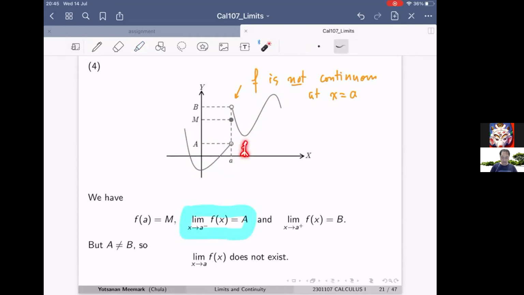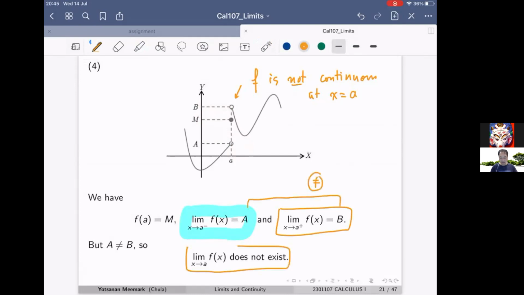How about the right hand side? From here it is going up, bigger and bigger. However, it will approach this B, so the limit as x goes to a from the right equals that capital B. However, A and B are not the same, so this limit, as x approaches a without any indication of direction, does not exist.